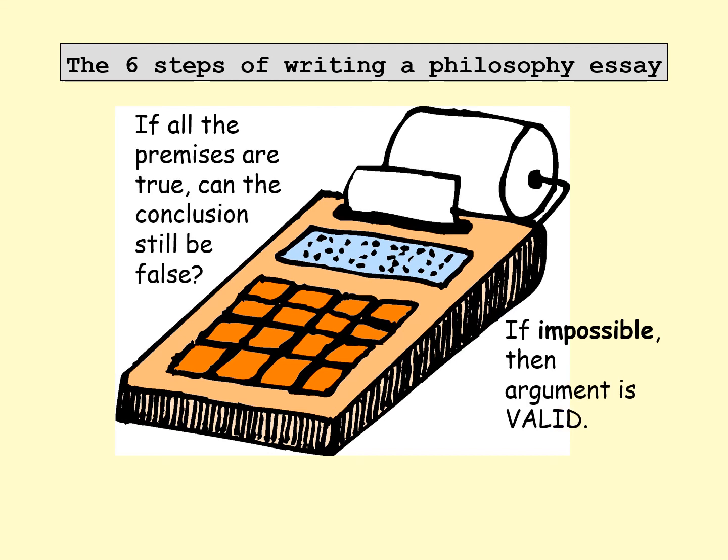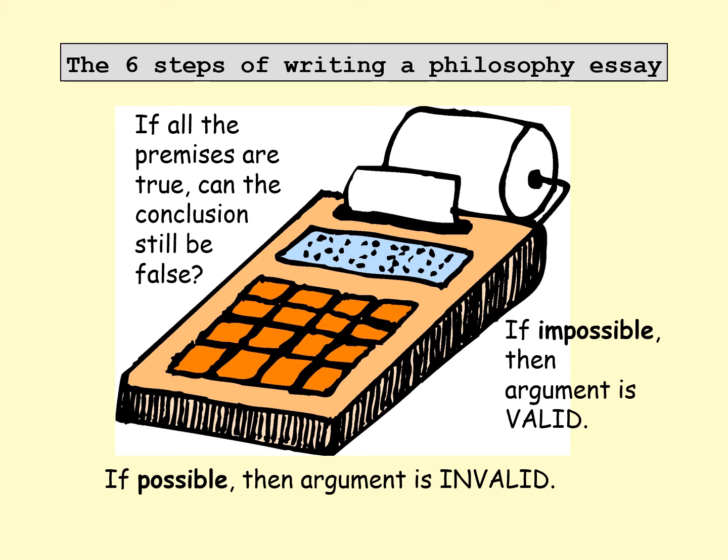By analogy, if it is impossible to arrive at a false conclusion when you enter only truths into the argument, then the correct form of logic has been employed. The machinery of the argument is functioning properly. It is valid.